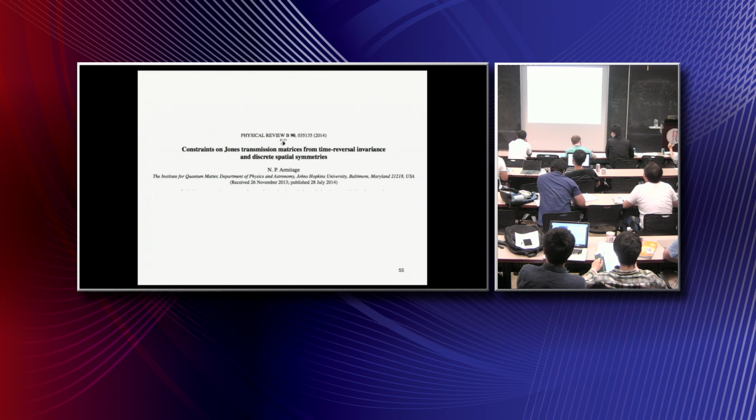If I think of a polarized light beam, a coherent beam, which can in principle have polarizations in the x and the y directions, incident is I, and outgoing is O. There's a 2x2 matrix which relates this incident vector into an outgoing vector. Now, this is a rather simple situation of some 2x2 matrix.